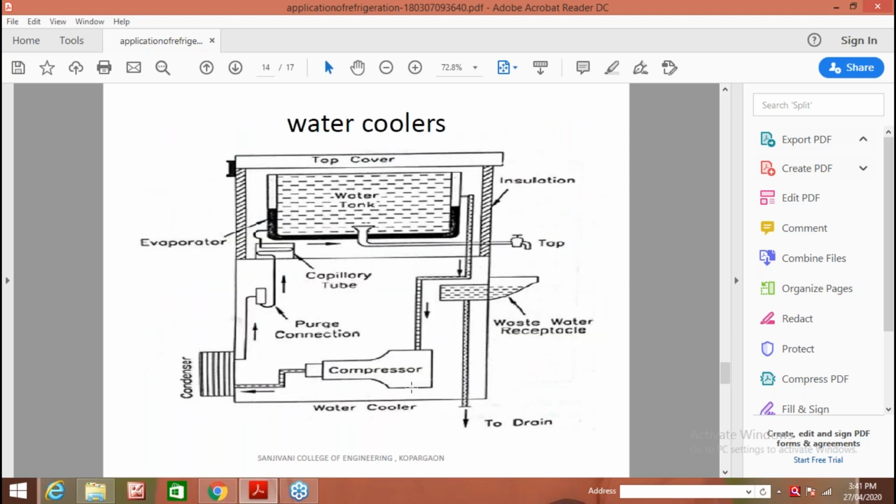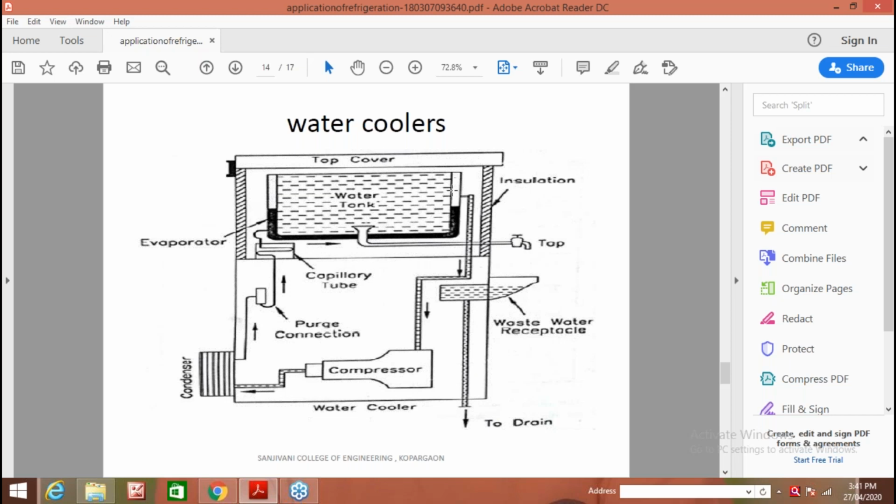Water cooler also we have seen, I think in our college there is also a water cooler. So the water cooler is also working on the simple vapor compression cycle, and the working of this water cooler is the same as the domestic refrigerator. So the main components of this water cooler are the same.